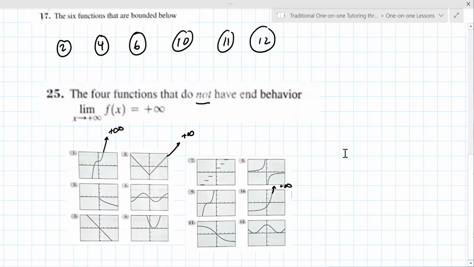But then 3 doesn't. So 3 would be one that does not. Okay, 4 does not. It just sits there and oscillates. 5 goes to minus infinity. So that would also be one.